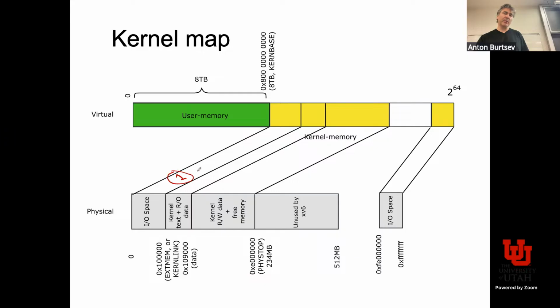Entry number 1, we're going to map with read-only permissions. Oh, sorry, this one actually will be read-write. Number 2, the read-only part of the kernel, will be read-only. Entry number 3 will be read-write. And entry number 4 will be this BIOS region, also read-write.